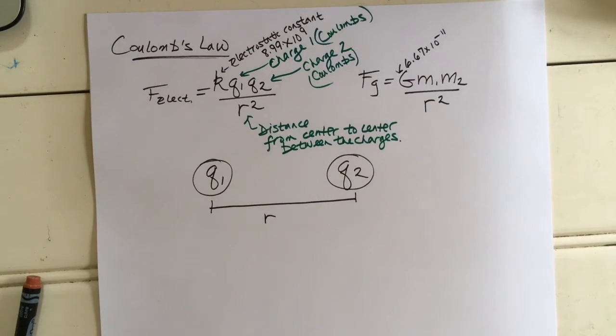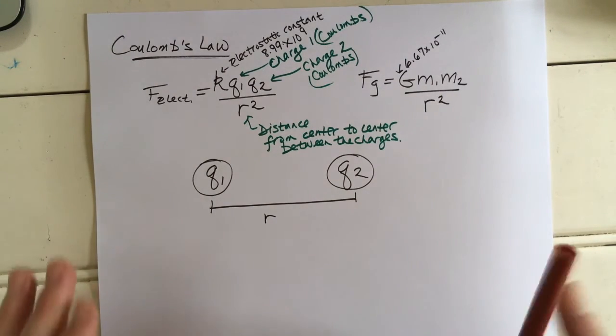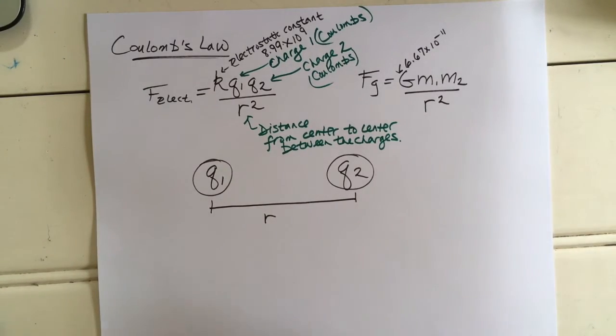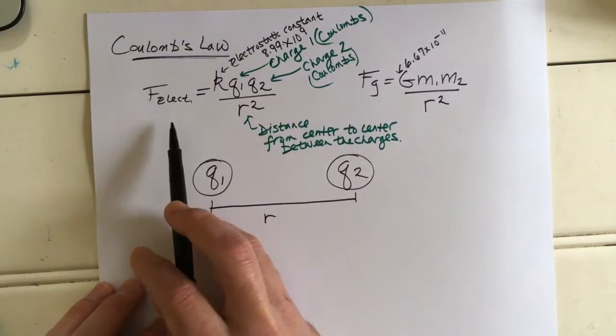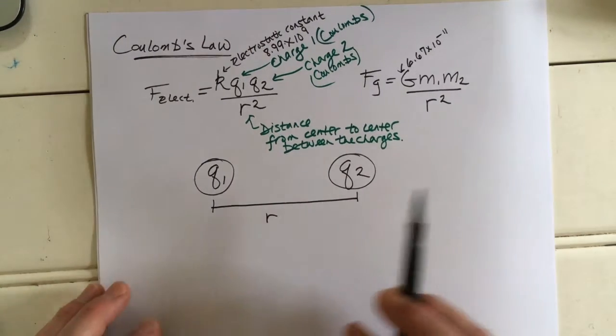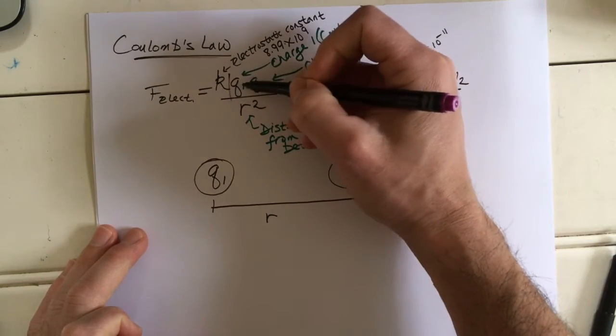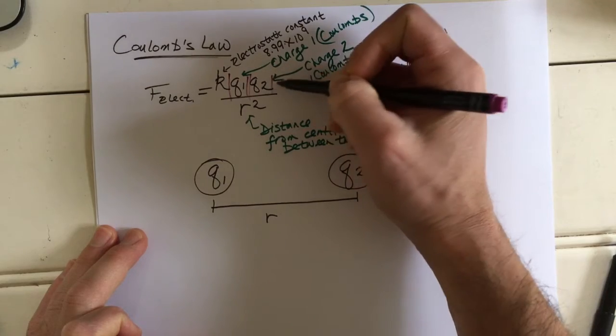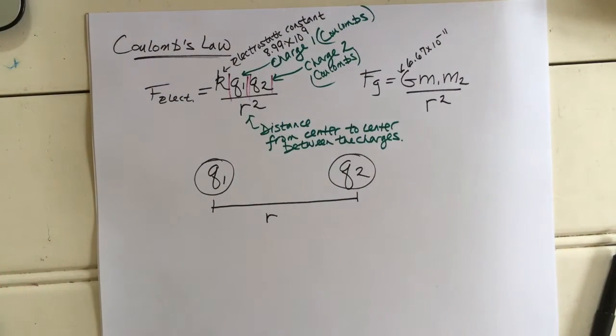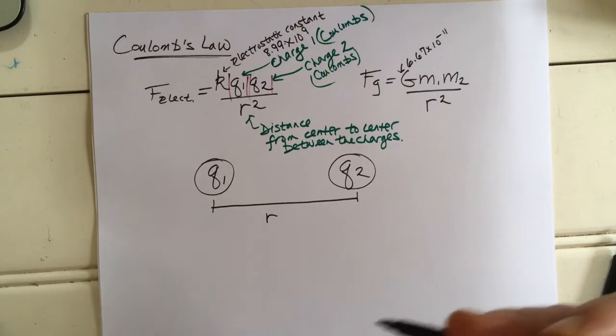Now you might say, well, what's different here? Force gravity only attracts, but force electric could attract or repel. So when we solve this equation, we really like to use absolute value signs here. Why is this? Because the force can sometimes have a direction, maybe left or right, positive or negative, or up or down. And that can get confusing if you say that an attractive force is negative and a positive force is repelling.